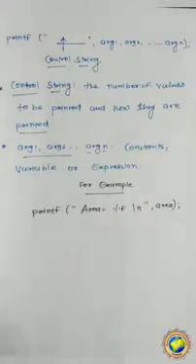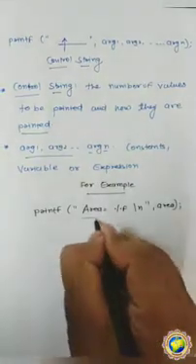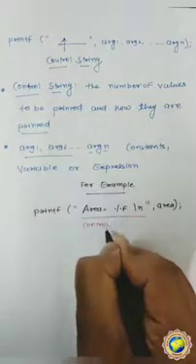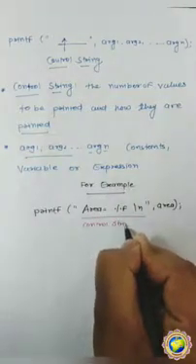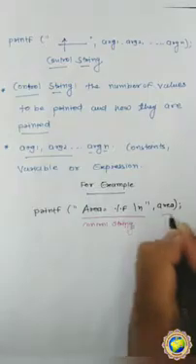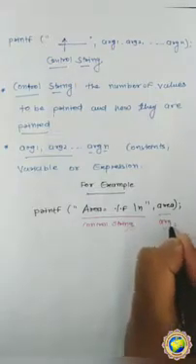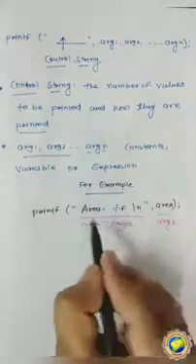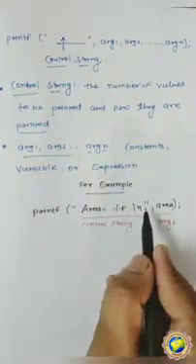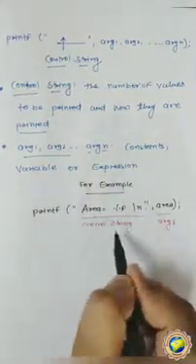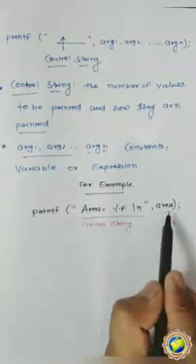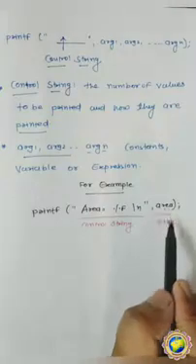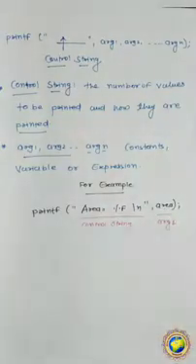Here this is a control string, and here this is the argument 1. Okay, so between the double quotes is the control string, and after the double quote and comma we write the area, that is argument 1.